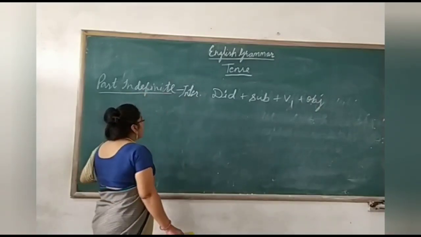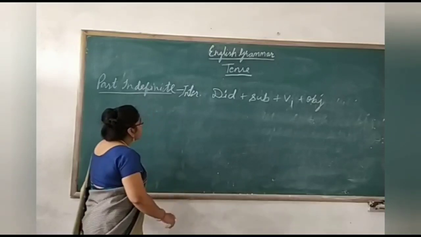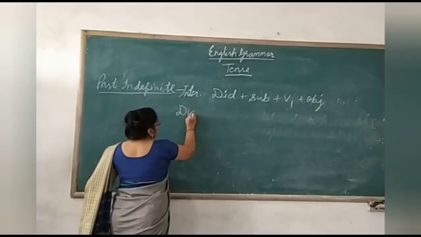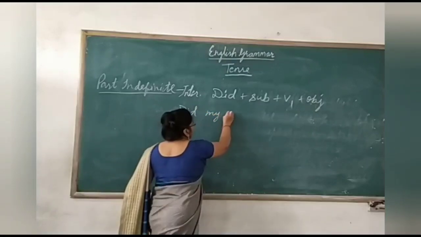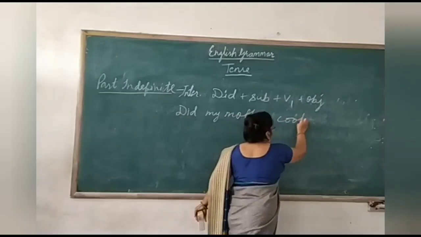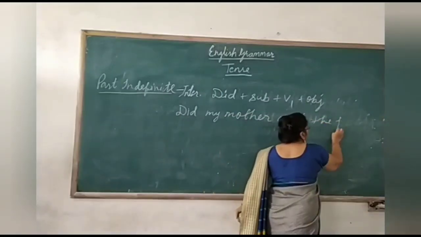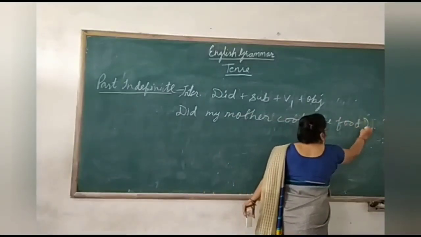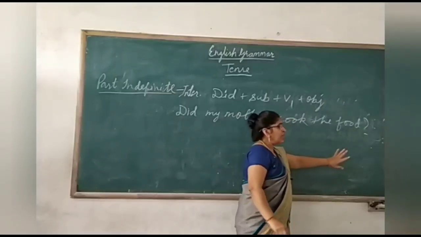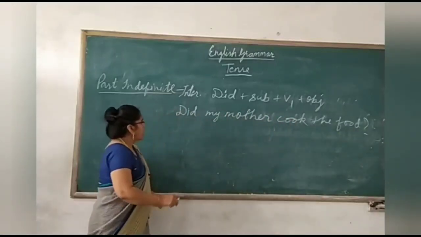So here let us construct the sentence. Suppose that the same sentence I'll take. Did my mother cook the food? Because it is interrogative, you have to put the full question mark here.